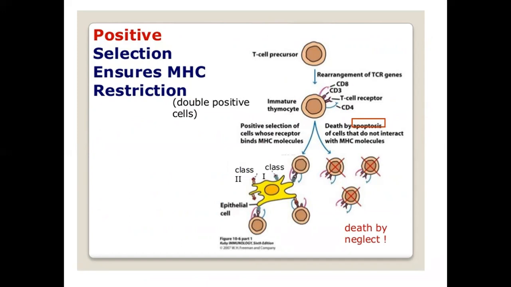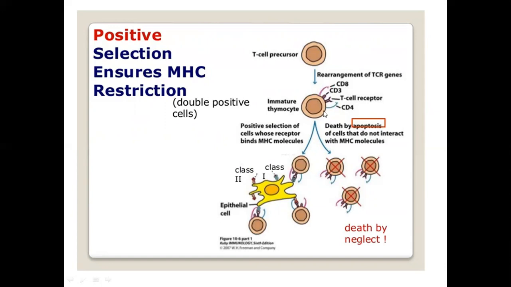This is the T cell precursor. A rearrangement of the TCR genes takes place and we obtain immature thymocytes with the receptors, and these go for selection. Positive selection is of the cells whose receptor binds to the MHC molecules.